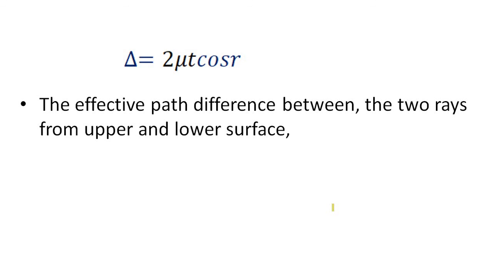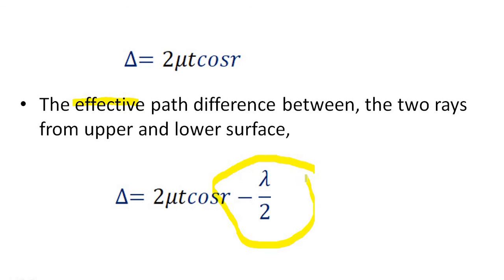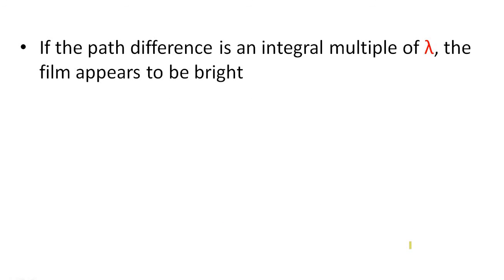Now we need to find the effective path difference. Similar to the previous derivation, the effective path difference between the two rays from the upper and lower surface can be written as delta equal to 2 mu T cos R minus lambda by 2. Please check the previous derivation. Also, if the path difference is an integral multiple of lambda, the film appears bright.